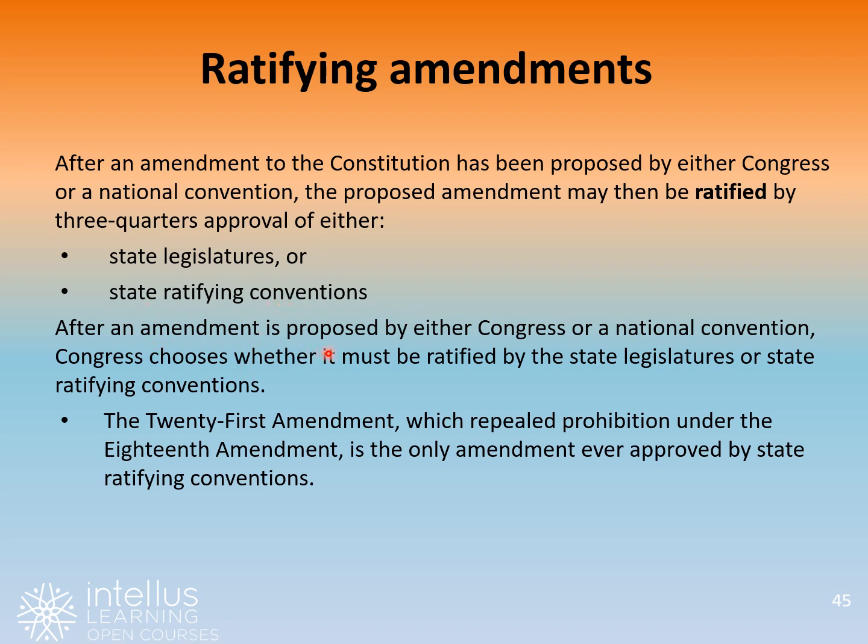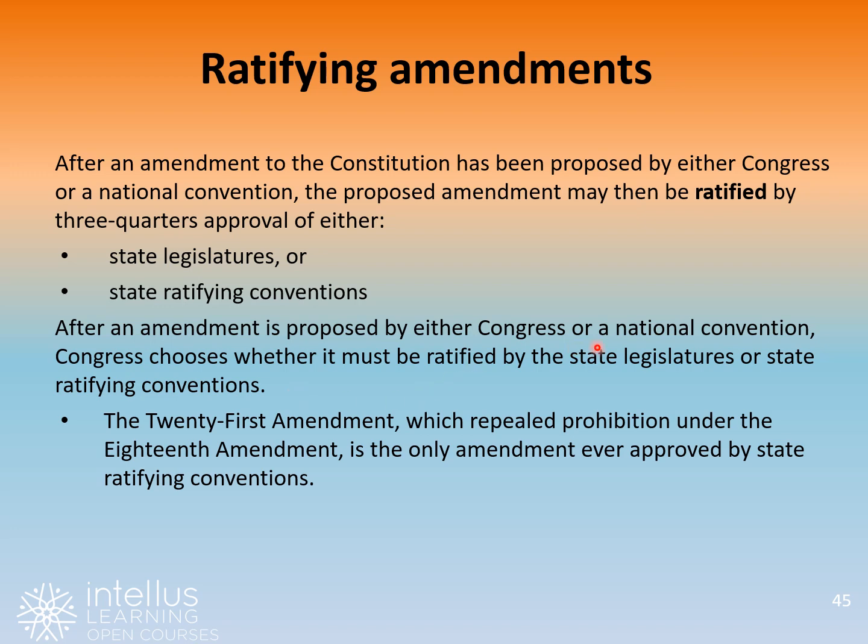After an amendment is proposed by either Congress or the National Convention, Congress chooses whether it must be ratified by state legislatures or state ratifying conventions. So Congress has the power to choose by which method the amendment is going to go through.